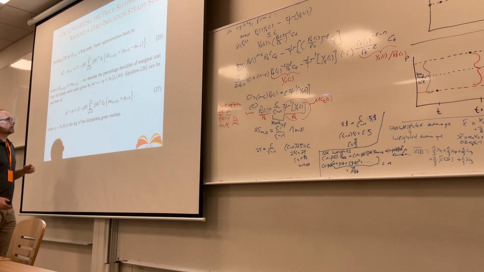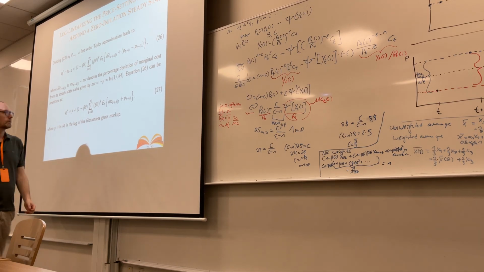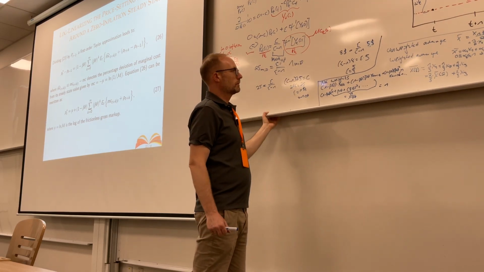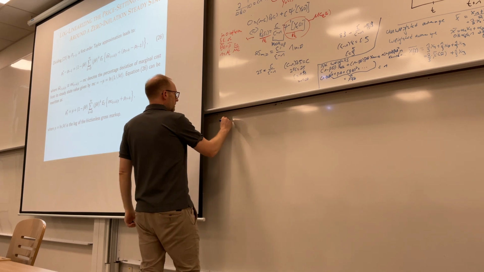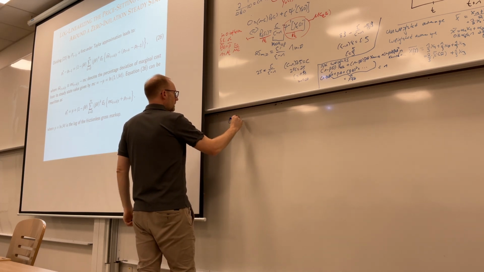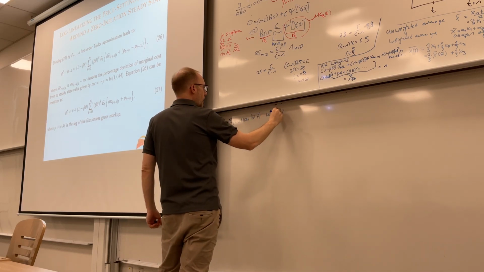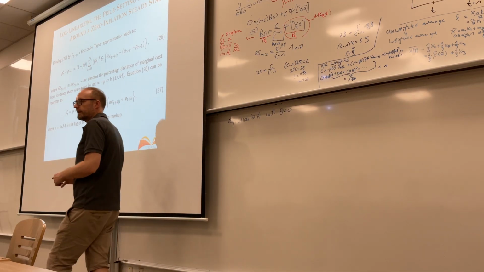Right, if we had equation 27, let's go back to the frictionless price level.